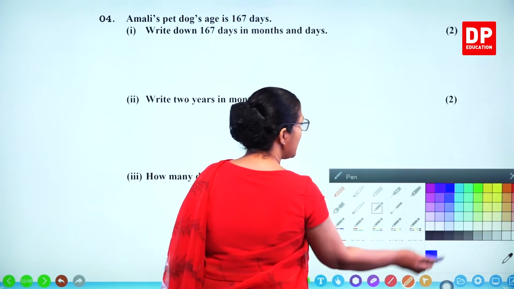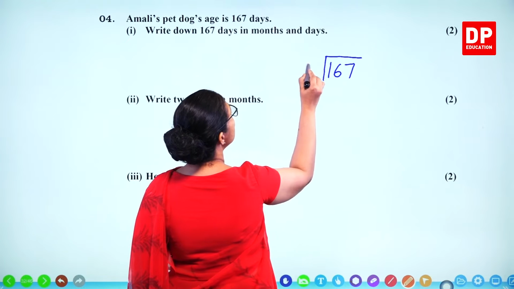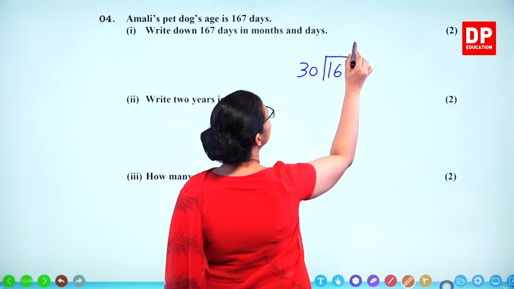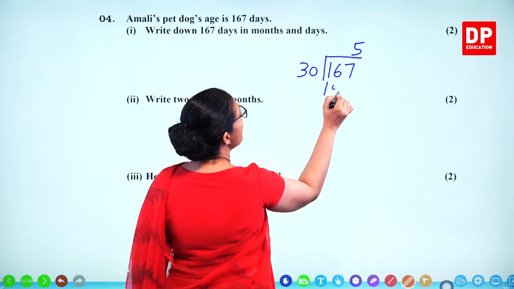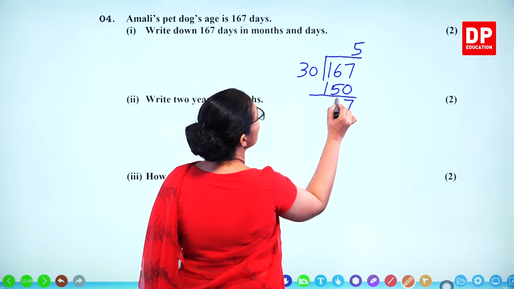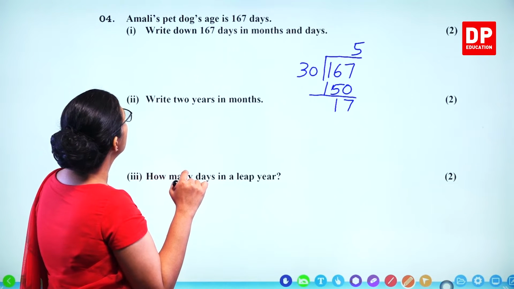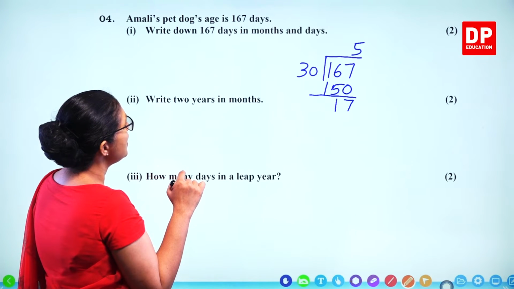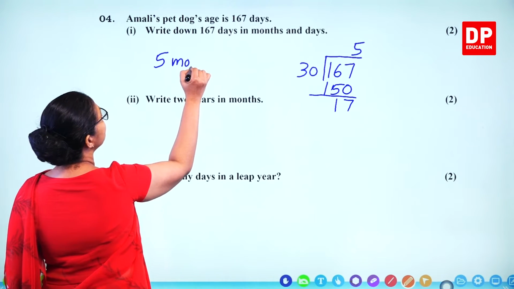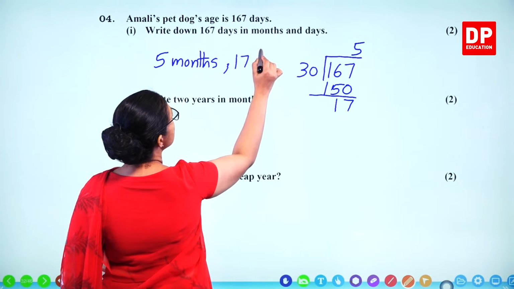So we'll divide by 30. 167 divided by 30. 30 times 5, 150, and then you get 17 remaining. You get 17 days remaining. So how do you write? 5 months and 17 days.